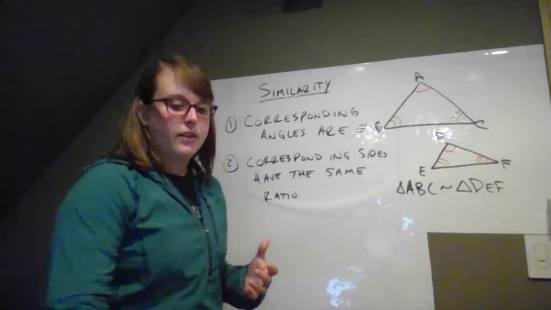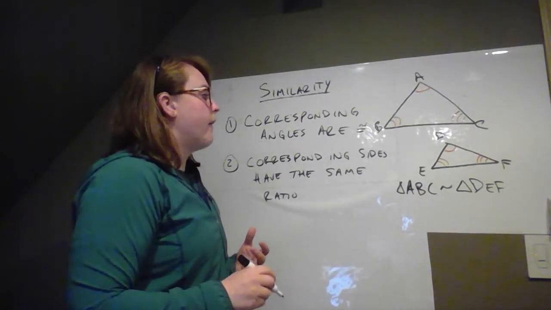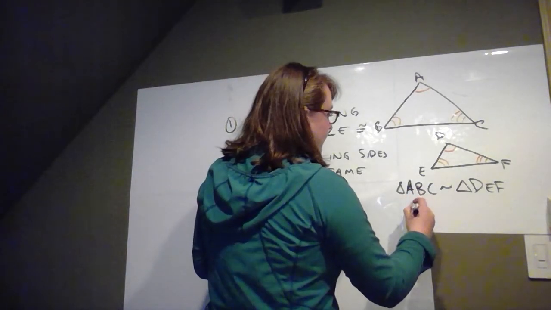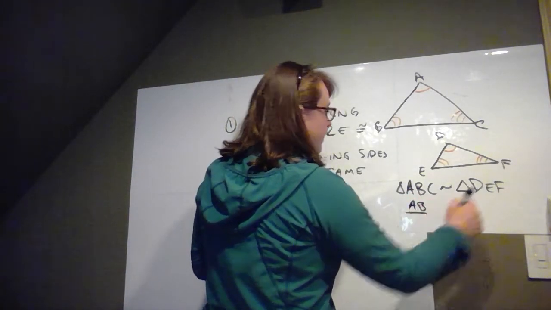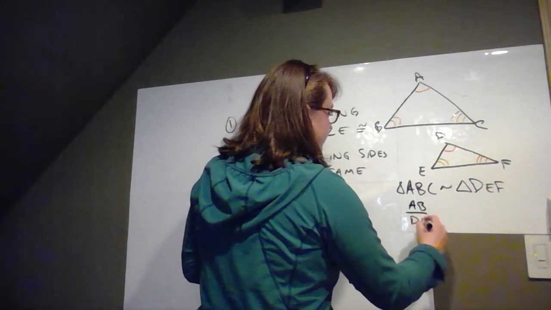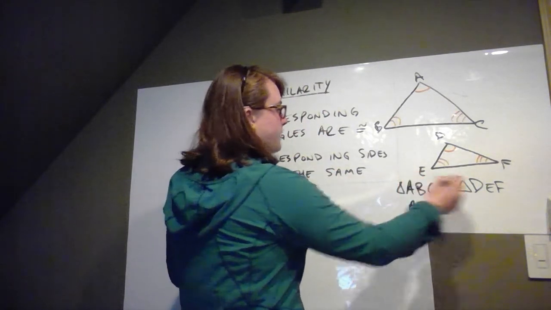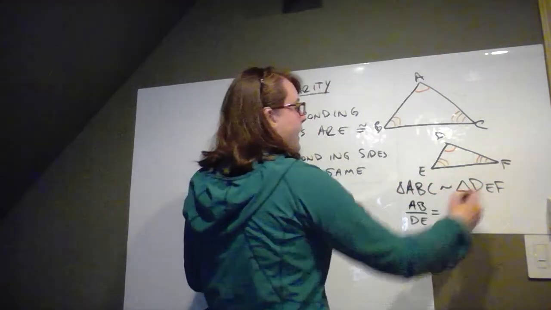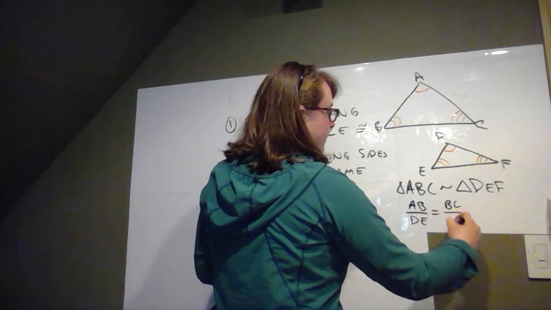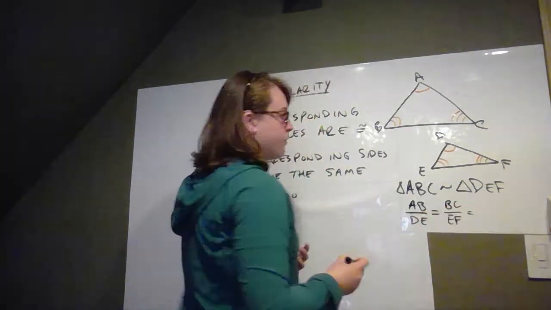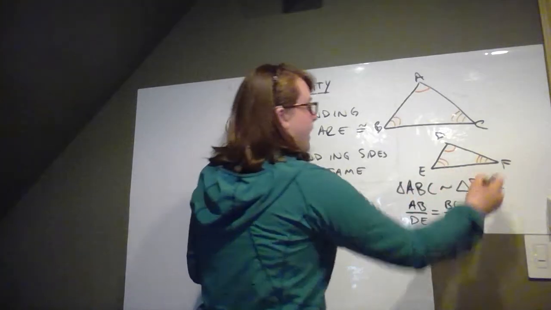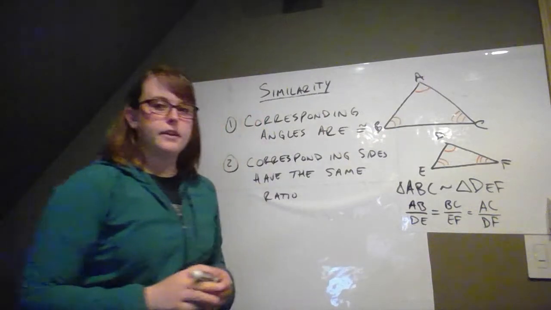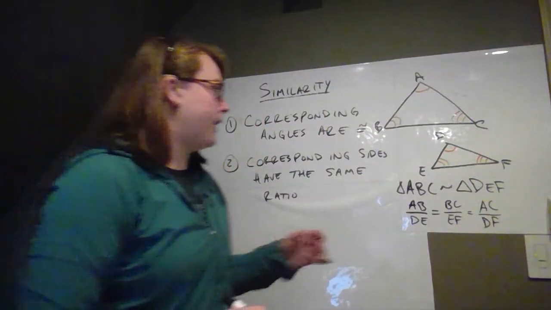And then what it tells us about the sides is that they have the same ratio. So basically, side AB, if I put it in ratio with side DE, since those are each the first two letters, that would be equal to the ratio between BC and EF, which would be equal to the ratio between AC and DF, because that's how the letter order works, right?